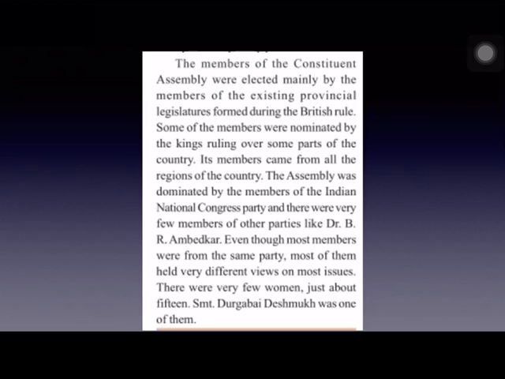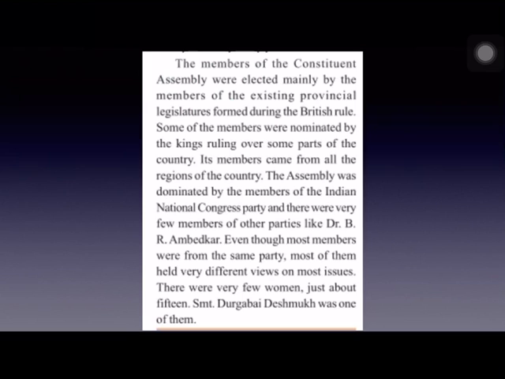Some of them were indirectly elected. In the provinces, they were elected by the representatives of provincial legislatures, and from princely states they were nominated. On the whole, the members of CA were not directly elected.